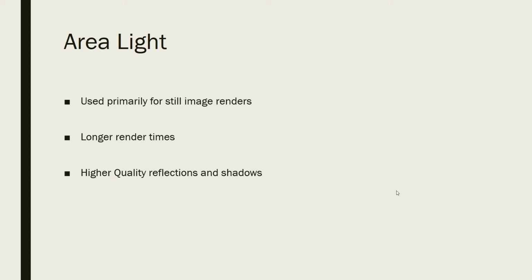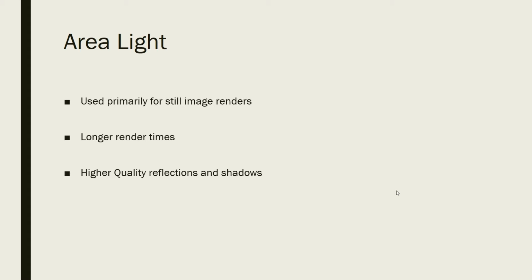However, the issue in using area lights, say you're doing a VFX shot which is 300 frames long, which is 12 seconds at 25 frames per second, is that you've got high quality reflections and shadows, but the render time to render a frame may take about 50 seconds, and 50 times 300 is quite a lot.